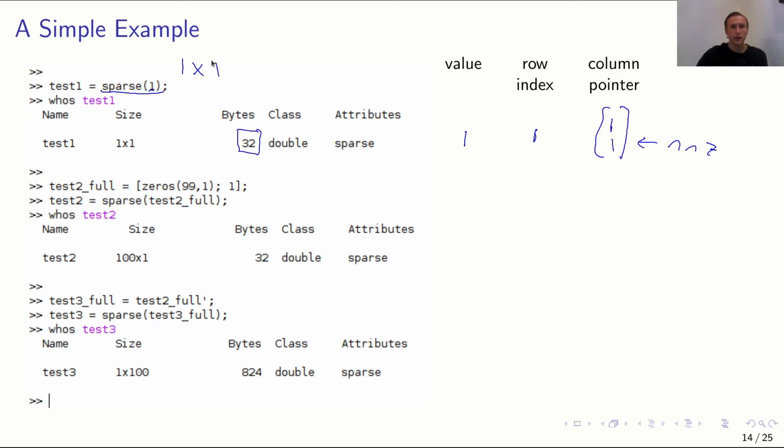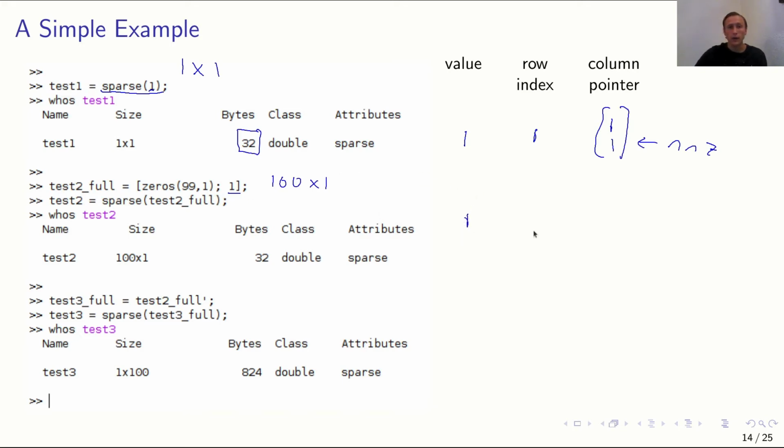Now say that instead of a 1/1 object, we want to store a 100/1 object, where the first 99 rows of our column vector are all 0, and then the final row contains a non-zero element 1. Now in this case, we still need to store one non-zero value, namely 1.